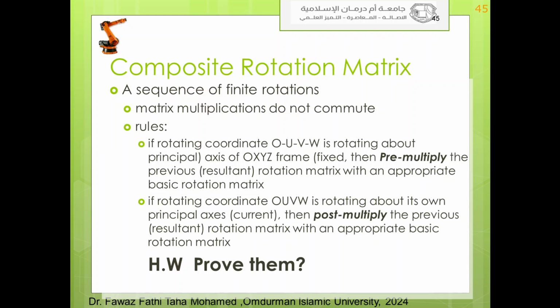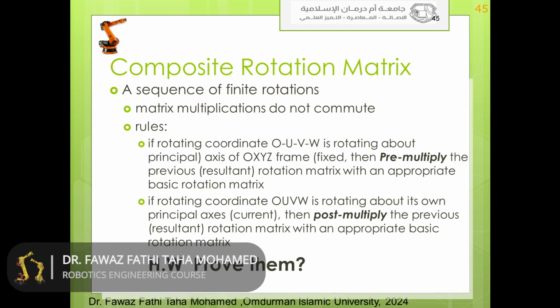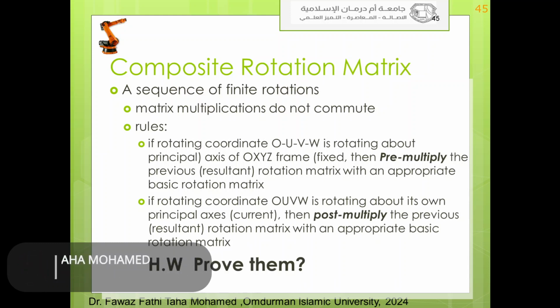If we rotate with respect to one fixed frame, the first frame, any successive rotation is around the same fixed frame, so we use pre-multiplication: pre-multiply the resultant rotation with an appropriate basic rotation matrix.